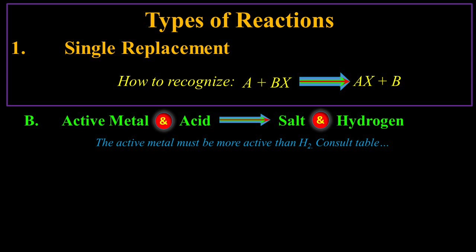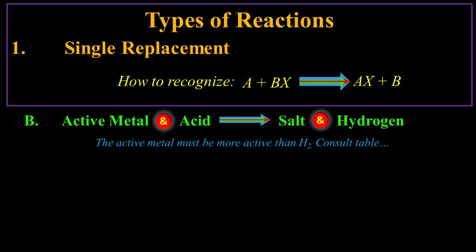Okay, let's look at an active metal in an acid. This is going to be another example. All right, well, what happens? The active metal is going to come in and displace the hydrogen. Simple enough. And then you're going to form a salt of the strong acid and hydrogen gas.